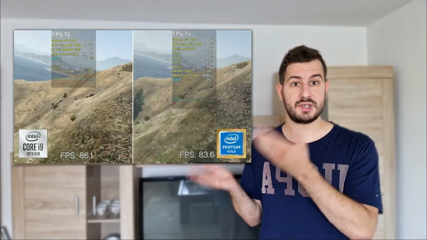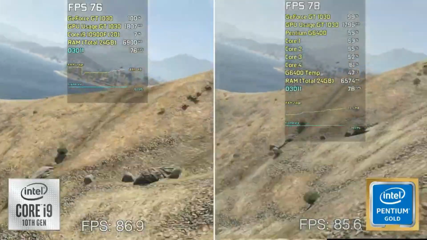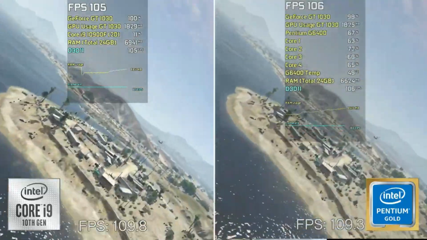You can also watch this video if you want to be sure what I'm talking about. In that video I compared G6400 with E9900F on GTA 5 with GT 1030. FPS are pretty identical, even though the GT 1030 is the best GT graphics card from Nvidia.